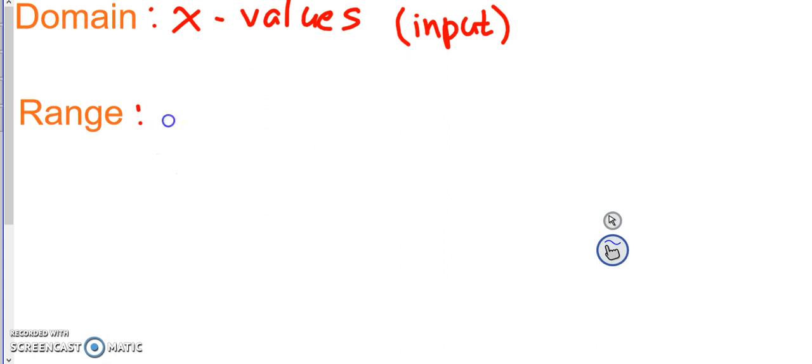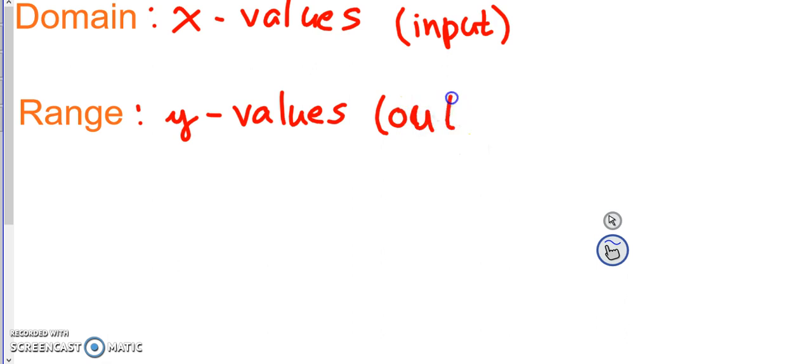And then our range is going to be our y values, or because you're going to deal with other things other than just x and y, we're going to call this our outputs. In other words, whatever comes out of the function once you put your input in. So inputs, outputs.